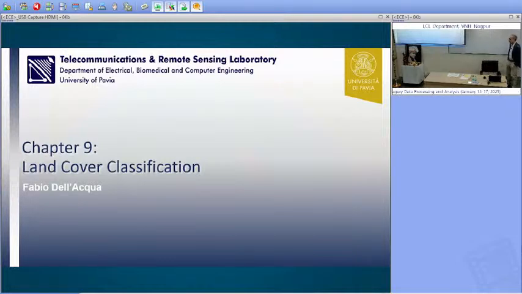Okay, so as I said, in the previous part of the course, we have seen what is remotely sensed data, how you can obtain it, what are the features of such data, and how you can process the data in such a way that you can try and make the information that you're interested in emerge and be collected more easily.